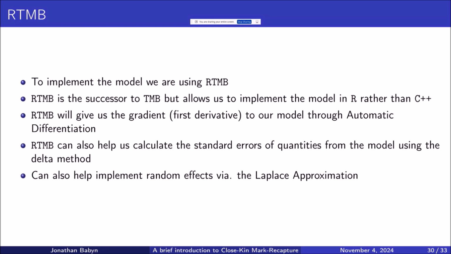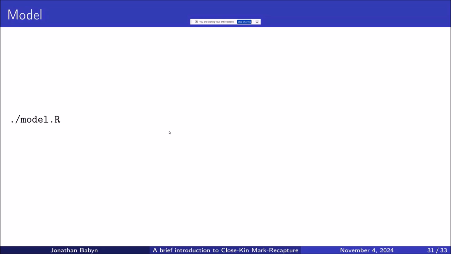They can also do things like random effects for things like recruitment, which we won't be using in this example, via the Laplace approximation. So RTMB and TMB are both really great tools, and they're used a lot in fisheries and ecology for fitting models like these. But RTMB is nicer than TMB because we can just write the model in R as opposed to C++, which is a little bit easier.